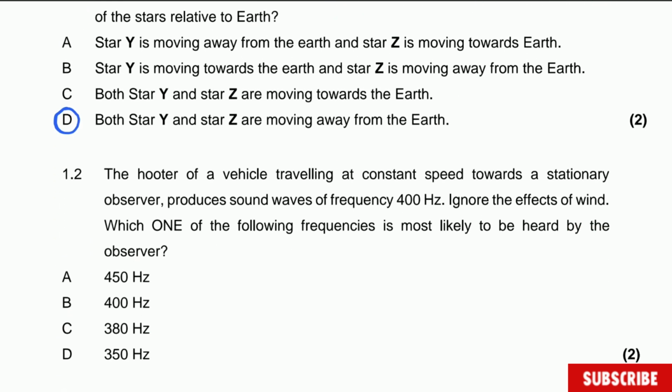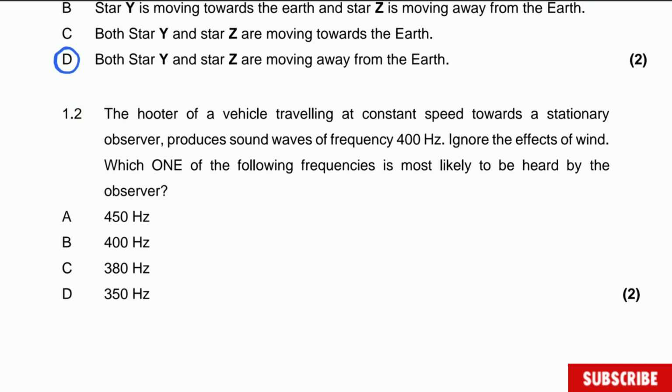Question 1.2. The hooter of a vehicle traveling at constant speed towards a stationary observer produces sound waves of frequency 400 Hz. Ignore the effect of wind. Which one of the following frequencies is most likely to be heard by the observer?